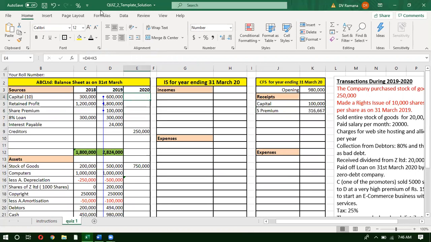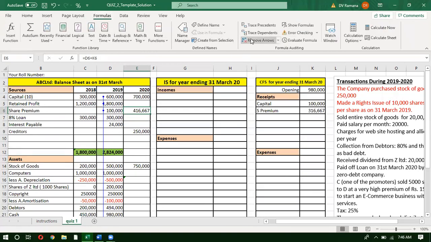So the capital will increase to the extent of the face value of the shares, and share premium will increase to the extent of the share premium raised during this rights issue. So the rights issue increased the capital and the share premium, and here the shares were issued at the book value per share as on 31st March 2019.